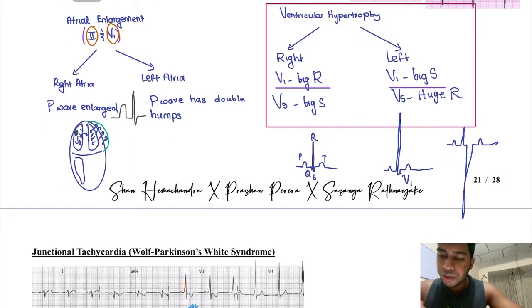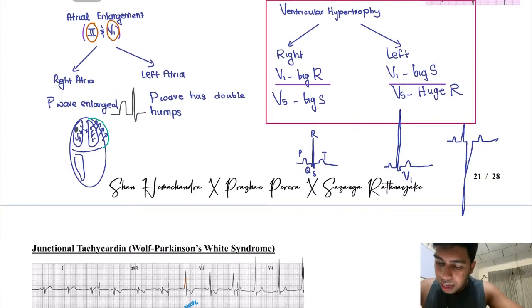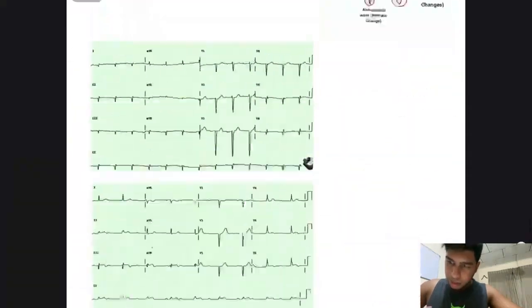It's all got to do with vector additions. So in left ventricular hypertrophy, we get the opposite. So we get a big S wave in lead V1 and a big R wave in V5, and the description is it's a huge wave. Usually it goes out of the ECG strip. Now I will tell you why this happens.